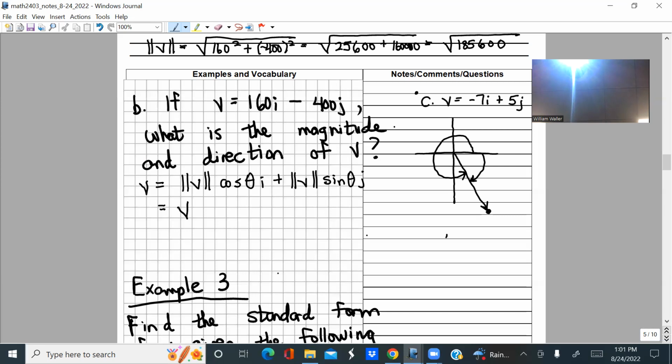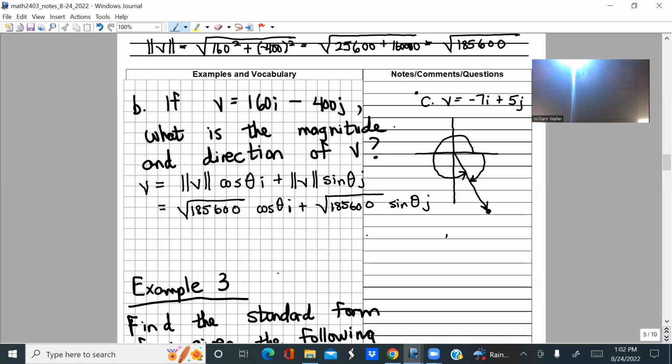We get the square root of 185,600 times the cosine of theta times i, plus that same big square root, 185,600, times the sine of theta times j, correct?